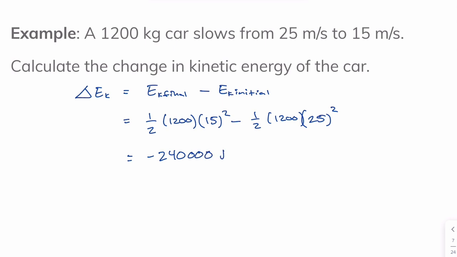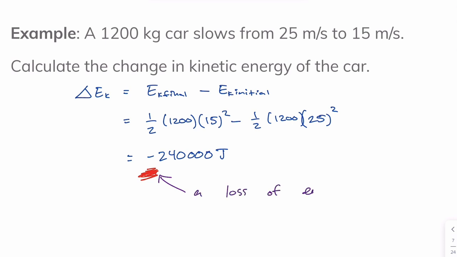If I plug this in my calculator, I get negative 240,000 joules. I wanted to highlight this question because we have a negative value, but I said earlier in the video that kinetic energy is a scalar. So what we have to recognize is this negative doesn't indicate a direction, as it would for things like acceleration and velocity. A negative in terms of energy represents a loss of energy.